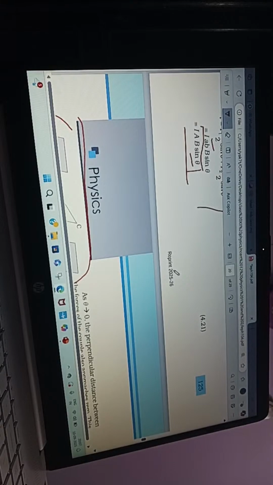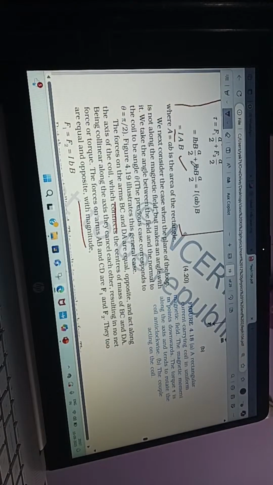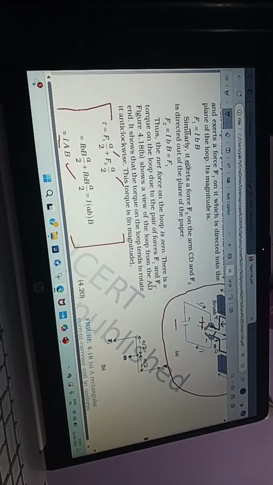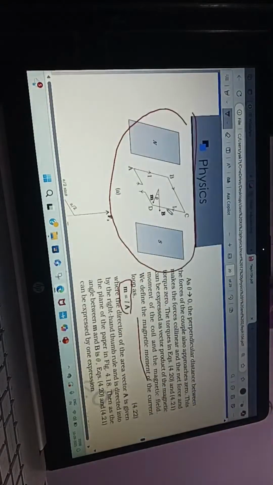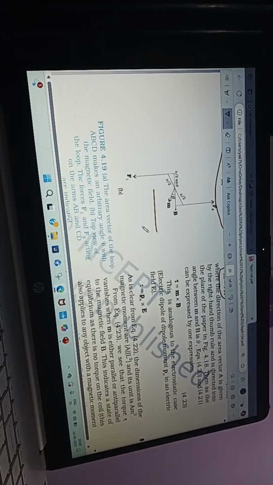Here the sine angle vanishes because you know that I B sin theta will come. Theta is 90 degrees, so it will become 1. But here it is not 1, because it is at a certain angle theta. That is what is mentioned here.